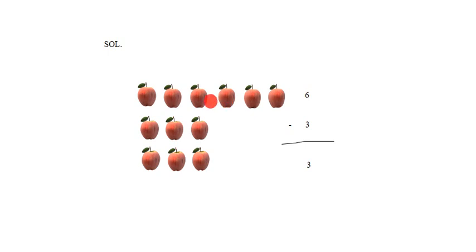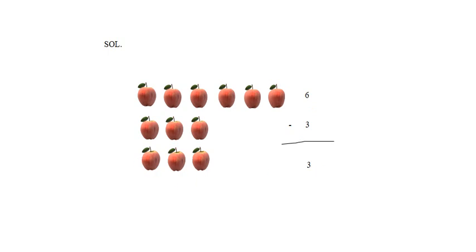So we have only these apples remaining. 1, 2 and 3. We have only 3 apples remaining. So she has 6 apples and she eats 3 apples. So I write it like 6 minus 3 equals 3. So she has 3 apples left.